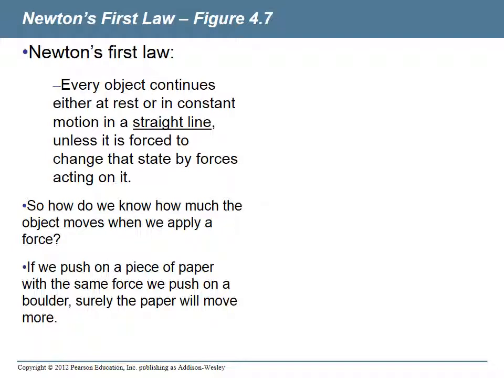So the question I asked a second ago about what happens to a puck sitting on a table if you don't touch it may seem very trivial, but that is Newton's first law. If I don't touch it, it doesn't move. There is no force to make it move, so it continues exactly in the motion it was in until it's forced to do something. It doesn't move until I push on it, right?